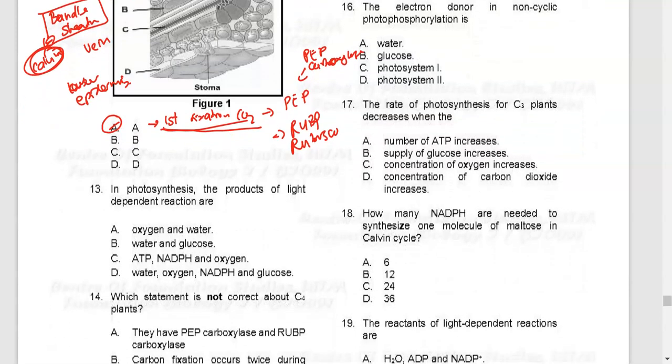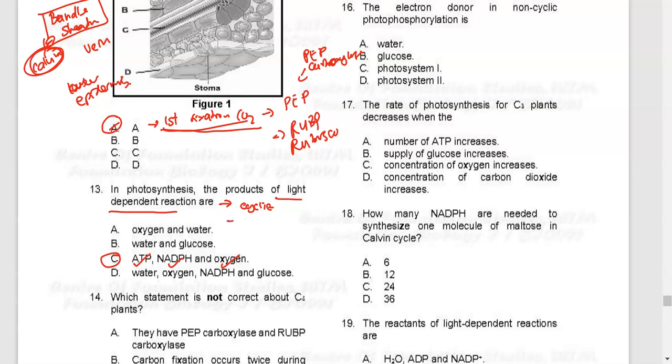Question 13. In photosynthesis, the products of light-dependent reaction are ATP, NADPH, and oxygen. So the answer will be C. Light-dependent reaction is the first phase of photosynthesis, and it involves either cyclic photophosphorylation or non-cyclic photophosphorylation.